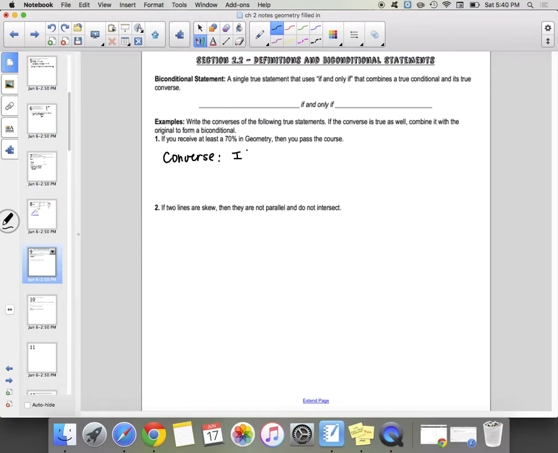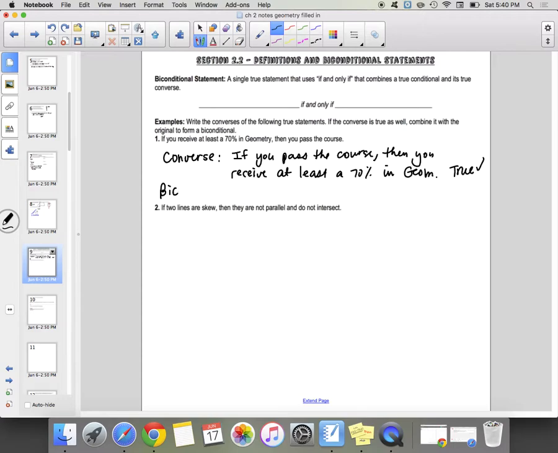So we would say if you pass the course, then you receive at least a 70% in geometry. And that's true. So at university, if you are passing, then you had at least a 70%. So we're going to combine this. So if it's true, we combine to form a biconditional.